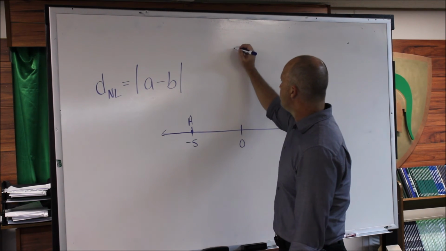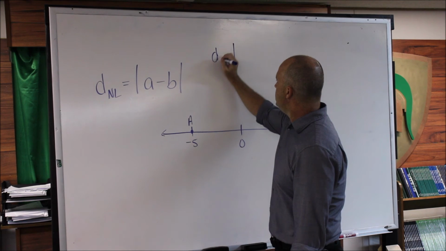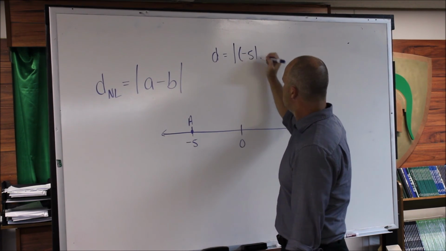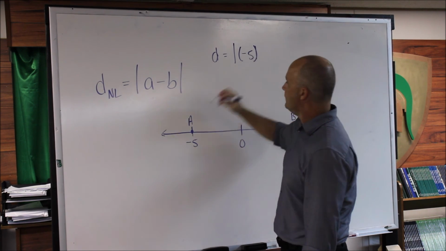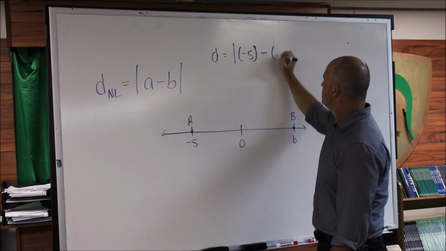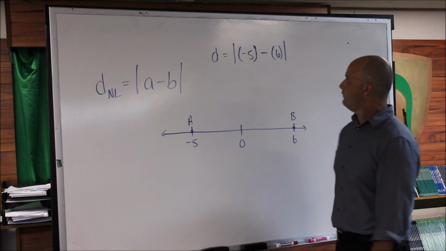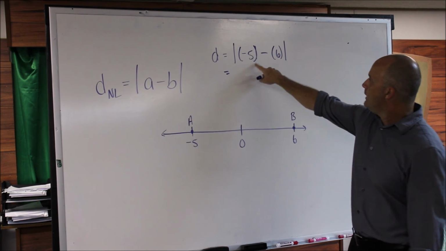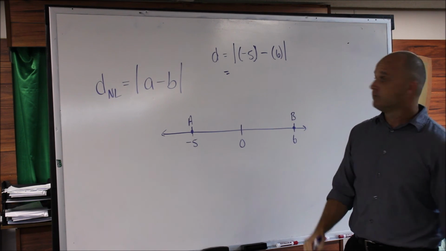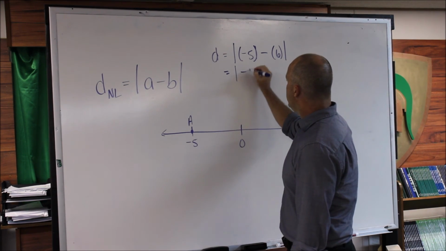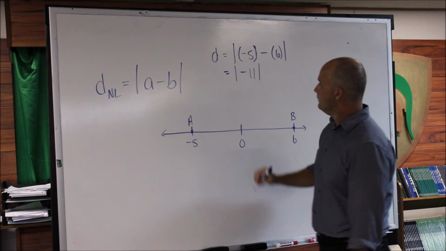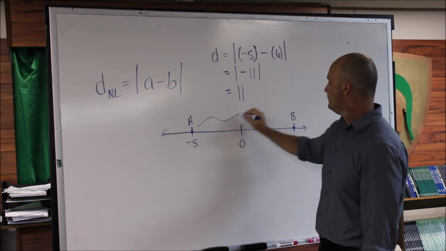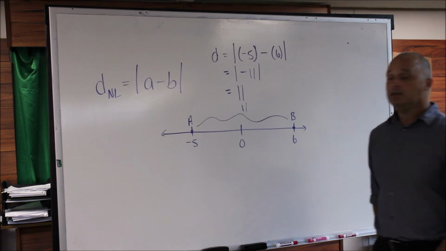So we've got d equals the absolute value of -5, put that in as a parenthesis, then minus 6, and then close off the absolute value. So we know that we've got -5 minus 6, so -11. So we have the absolute value of -11, the absolute value of -11 is 11. So there's 11 units in between A and B.